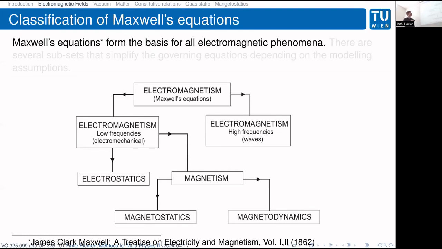So this is wave propagation, and then you can split up: for high frequencies you have electromagnetic waves, and for low frequencies we can neglect the wave part and consider electromagnetism that can be either electrostatics, so there are only electric fields involved, no magnetic fields, and only in the static sense, or magnetism that can again be split up into the eddy current case, where only the eddy currents are considered in the time-varying sense, and the complete magnetostatic case where we consider static magnetic fields, for example, by stationary currents.